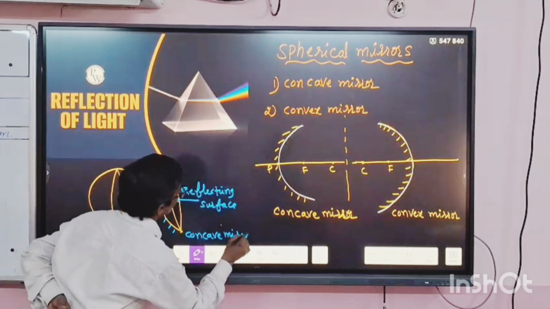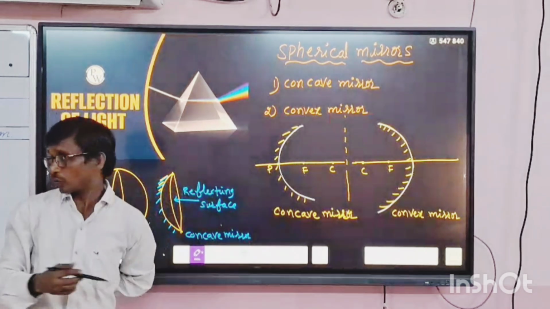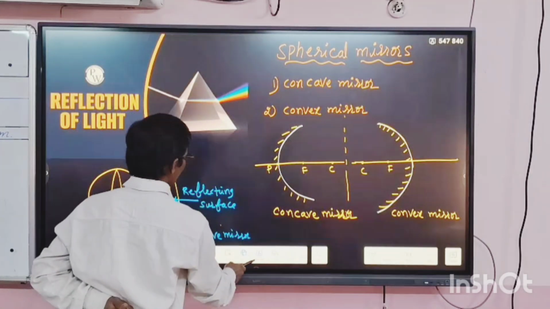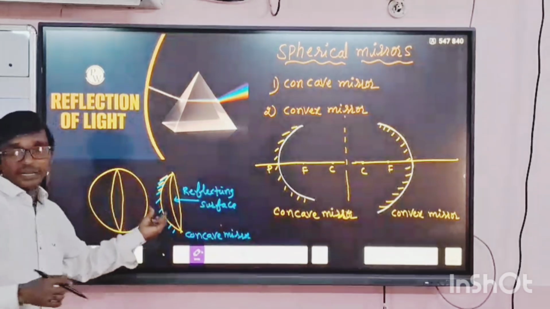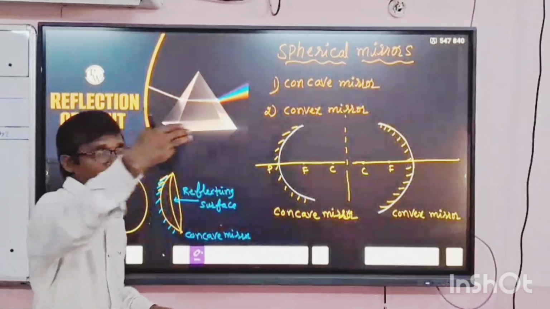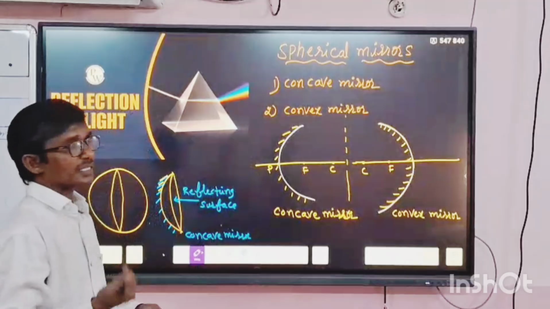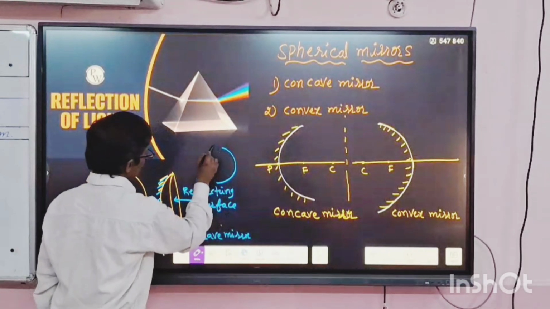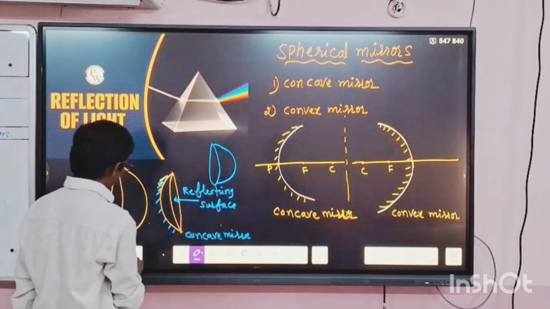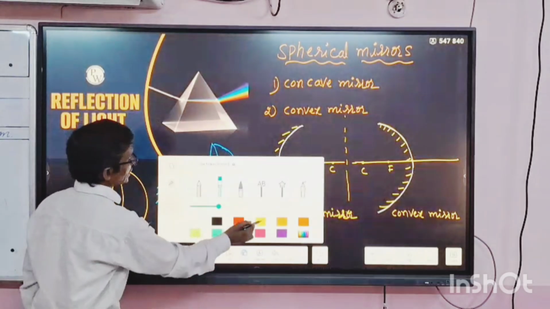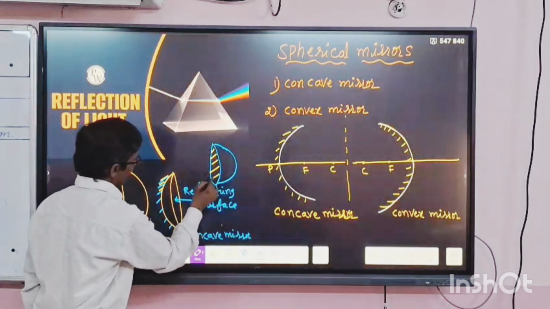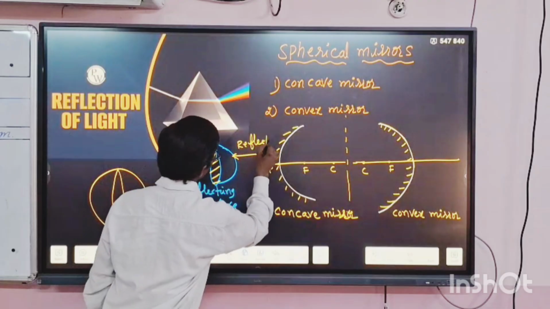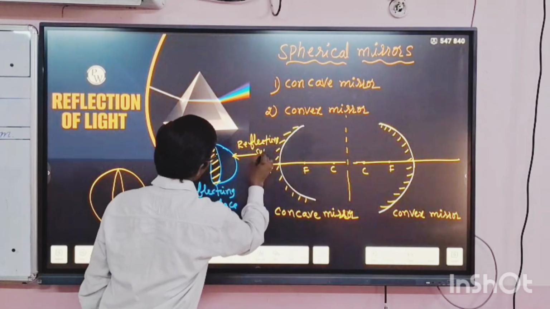Convex mirror means what? When we take this other part, the inside has the silver coating and the outside acts as the reflecting surface. That mirror is called a convex mirror: the surface bulged outward acts as the reflecting surface.